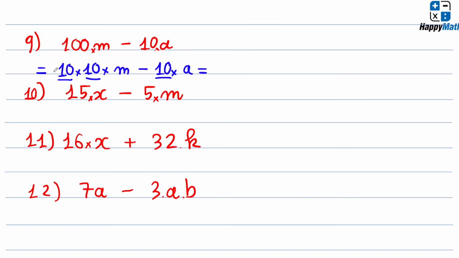So I take 10 outside. When I take 10 outside, what is left of the first term will be 10 multiply m, and the other one is only minus a left. Okay, there is no 10 anymore here. Yeah, that's 10m.